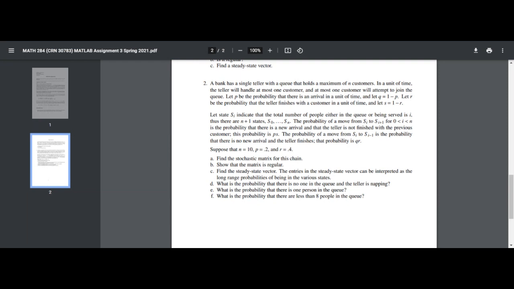Although they do serve people pretty fast, we still see queues of people waiting in line. But if there are 8 people waiting in line, after a unit of time, maybe a minute or 2 minutes, the queue can change.